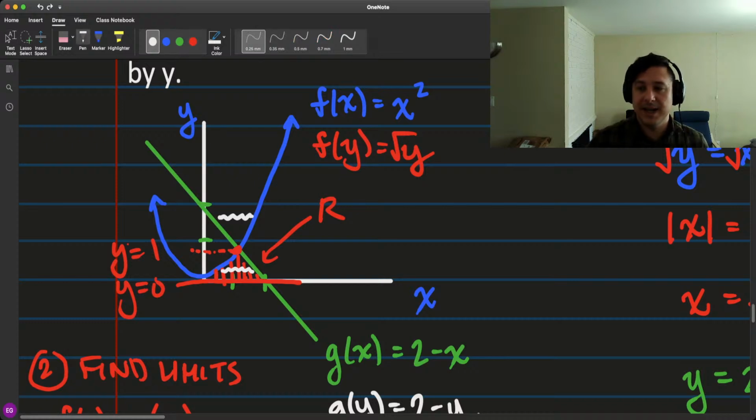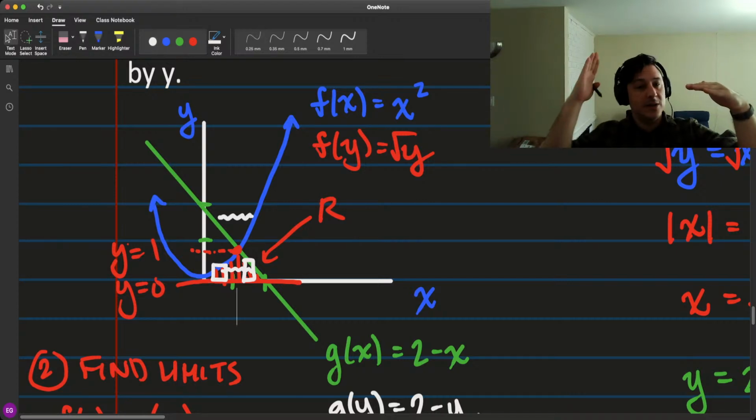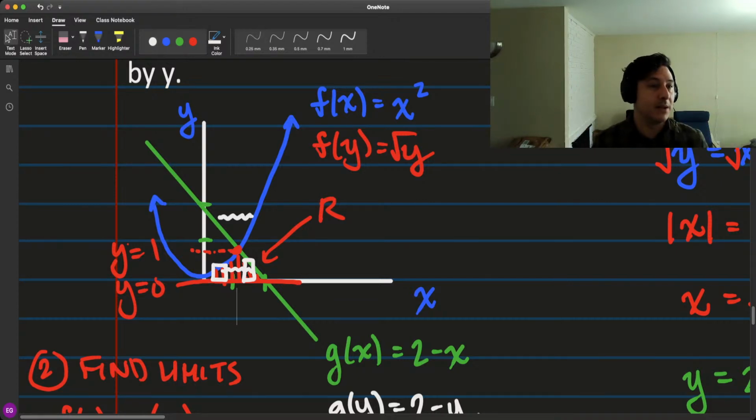I'm going to draw a little rectangle right here and a little rectangle right here. We would have to solve 2 areas. Because on the rectangle on the left, you see how blue is on top? But on the rectangle on the right, what determines its height? Green. So you would have had to split the integral into 2 different problems. Whereas with y, it was pretty straightforward. If you look at it sideways, green is always on top, blue is always on bottom. That was just one integral to solve.